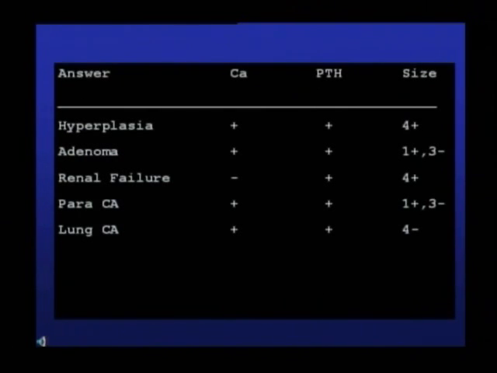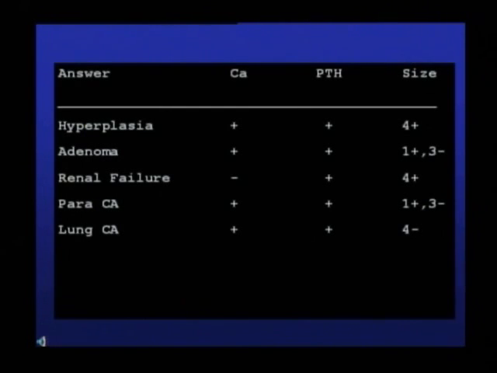Chronic renal failure results in hyperphosphatemia. Phosphates complex with calcium and can precipitate out of solution. Blood calcium levels would therefore decline. To compensate, parathyroid hormone levels would increase. Chronically depressed levels of calcium would cause all 4 glands to hypertrophy.